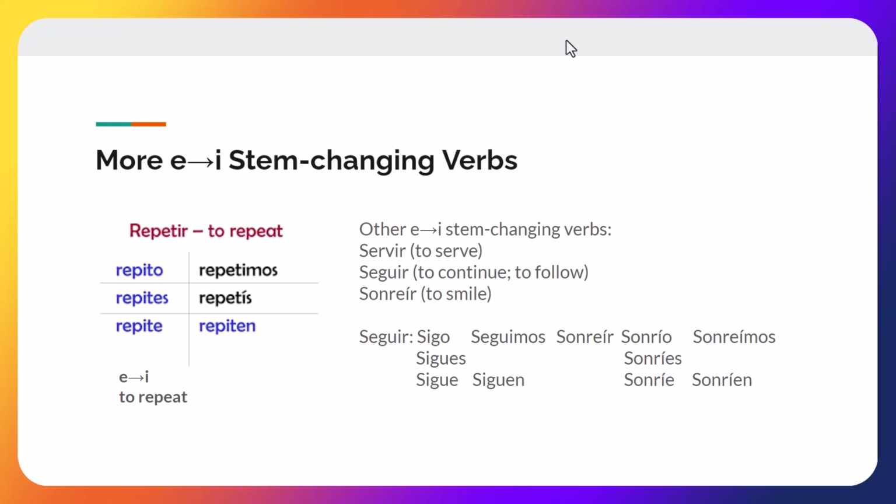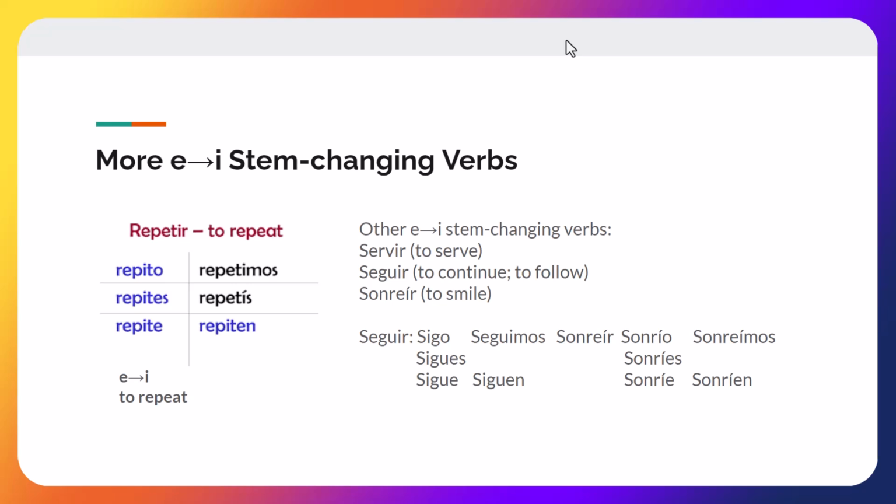The letter G and the letter C, for that matter, both have two sounds in Spanish. You might remember from way back when we were learning to pronounce things in Spanish. The letter G has a hard sound, a G sound, before an A, an O, or a U, and it has an H sound before an E or an I.